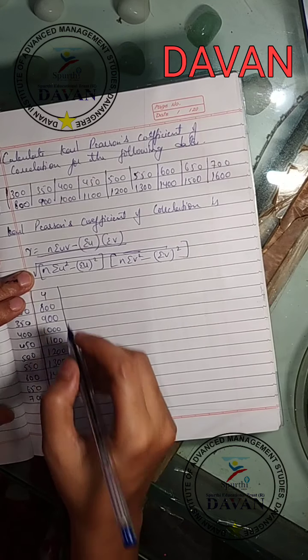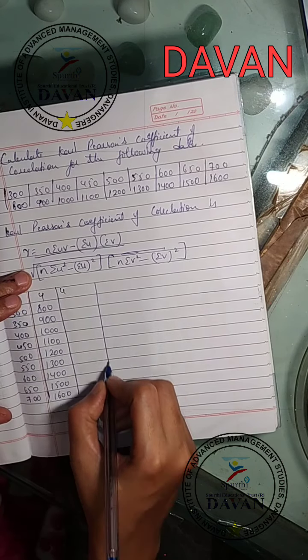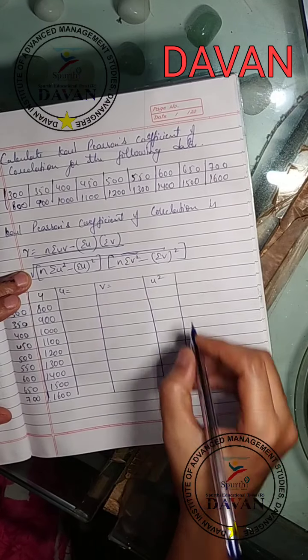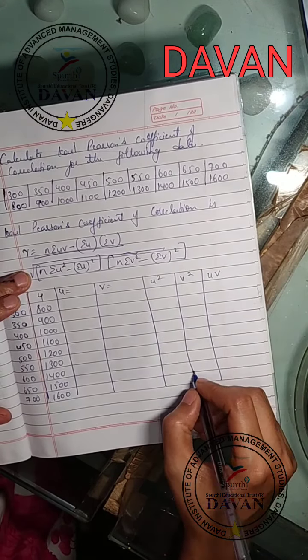So here we find what is u and what is v. Next, u square, v square, u into v, as we require all this in our formula.